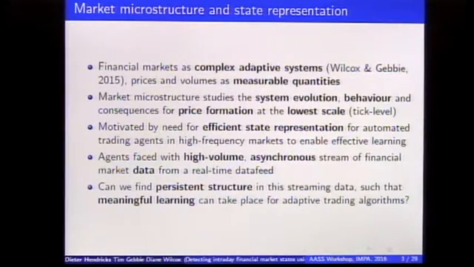So the broader question of the overall work is, can we find any persistent structure in this asynchronous stream of data such that meaningful learning can take place in this complex system?